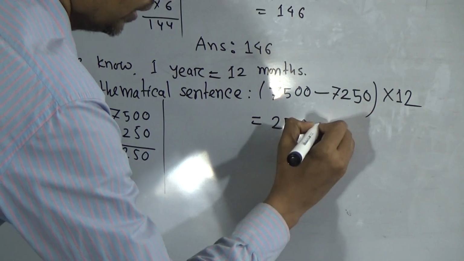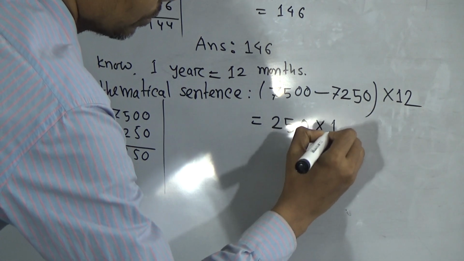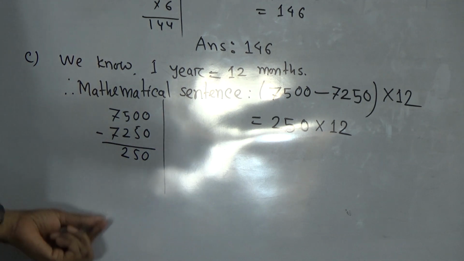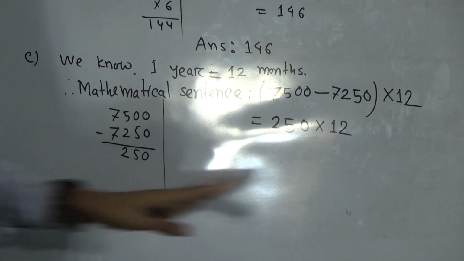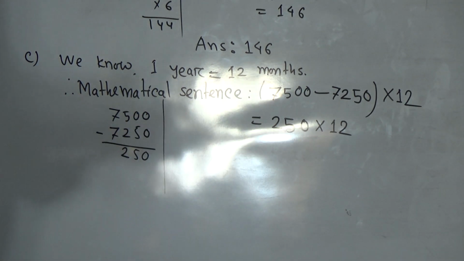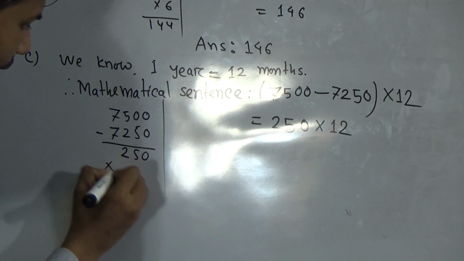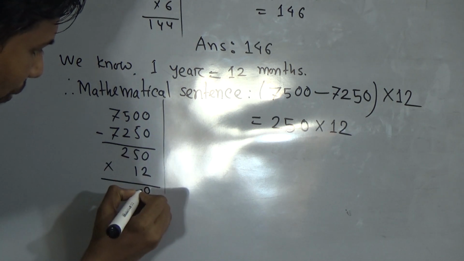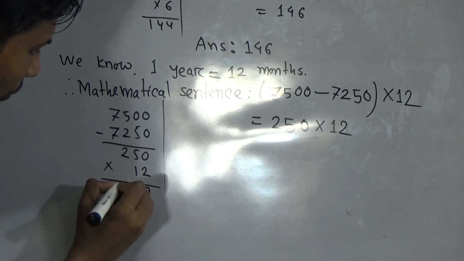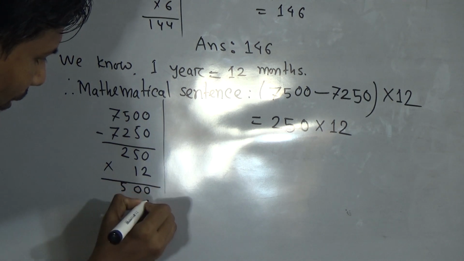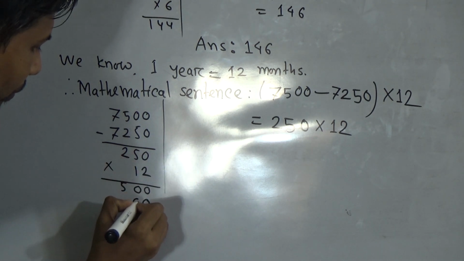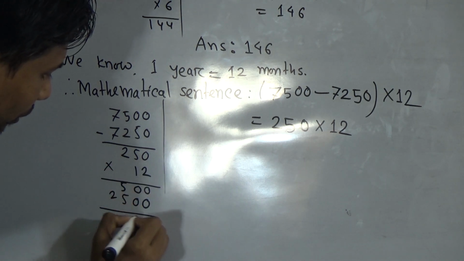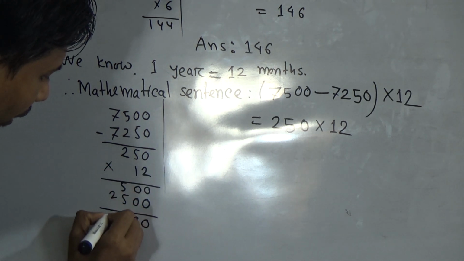250 into 12. Okay, this is the rough. Now we have to multiply 250 into 12. Okay, as this is rough, so we can multiply here 12 by 12. 0, 5 to the 10, you have 1, 2 to the 4 plus 1, 5, 0, 0, 5, 2 answer 2, 0, 0, 0 and 1.